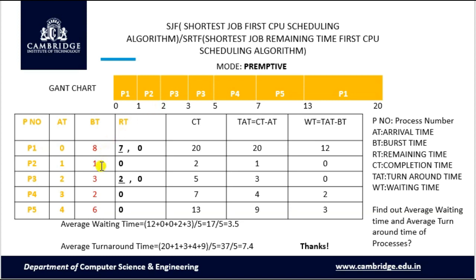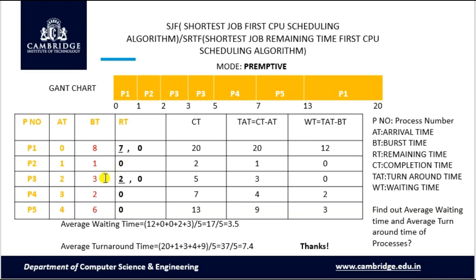That means 1 plus 1 equals 2 in the Gantt chart, so P2 is scheduled at the second location from left to right. Its remaining time becomes 0, because as soon as P2 completes its execution, it will not have any remaining time.